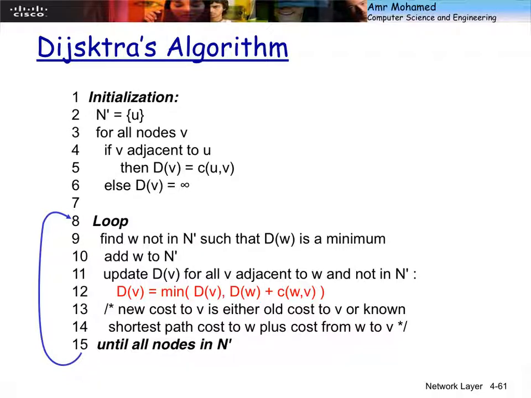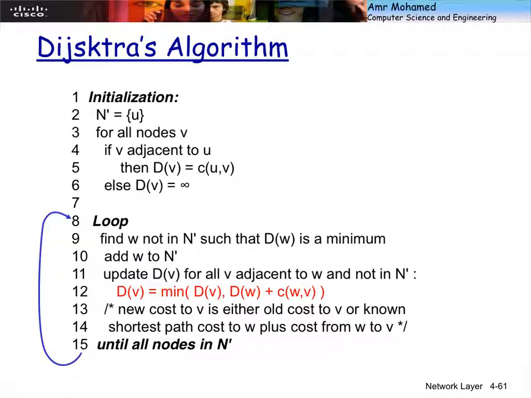So later on, we can say that we want the next node, including the ones in N', that constitute the minimum cost. And in every iteration, we try to add one node such that the total D(V) is minimum.